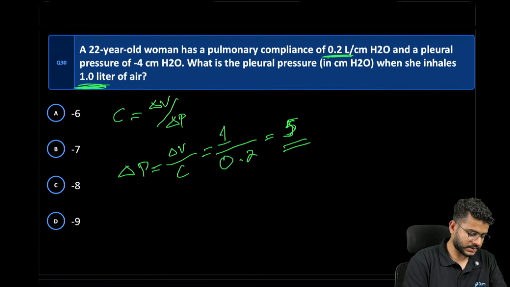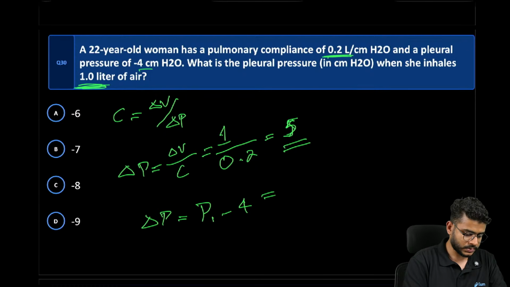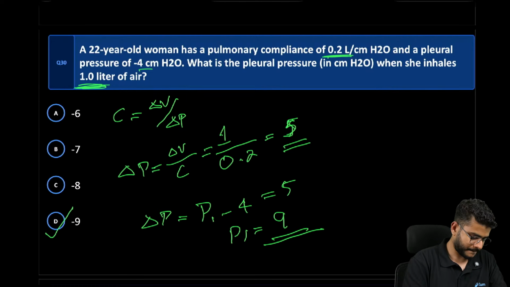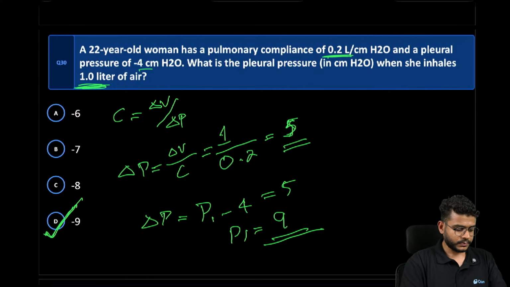That is the change in pressure. So the change in pressure, P1 minus P2, with P2 being -4, is equal to 5. So P1 will be 4 plus 5, which is 9, so minus 9. Is that clear?